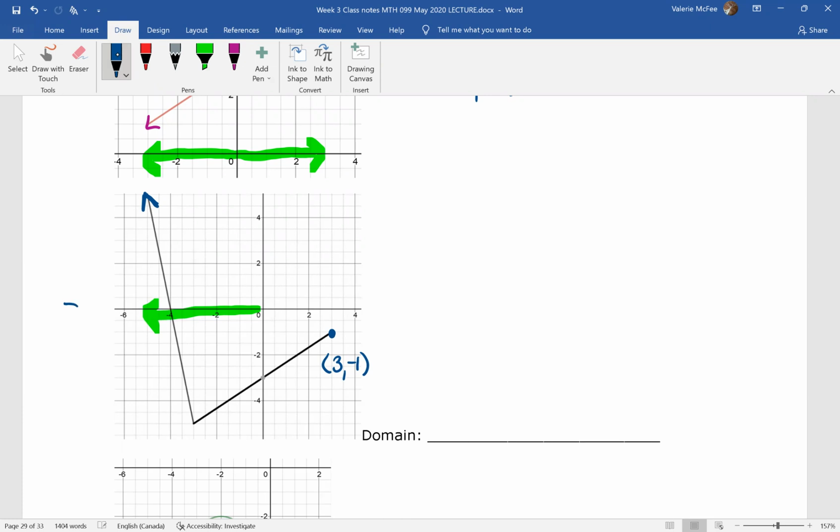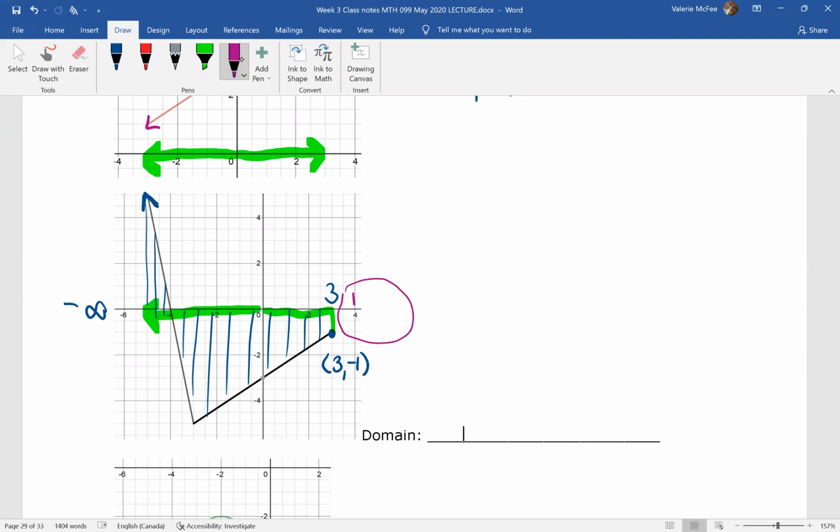It's going to keep going all the way to negative infinity. But when I go to the right, it stops here. It stops where x equals 3. Everywhere else, I have a graph that will have an x value. But if I go past x equals 3, there's no graph here.